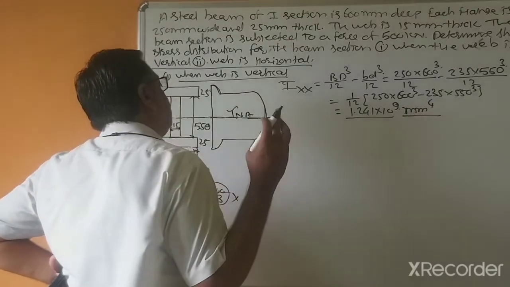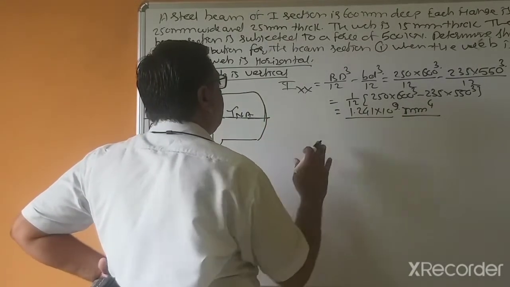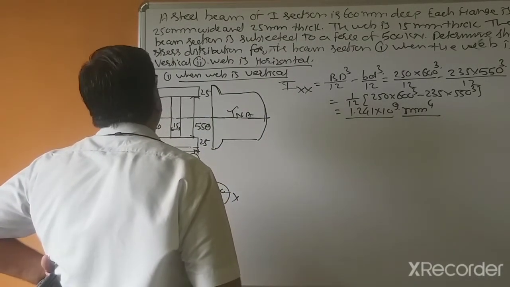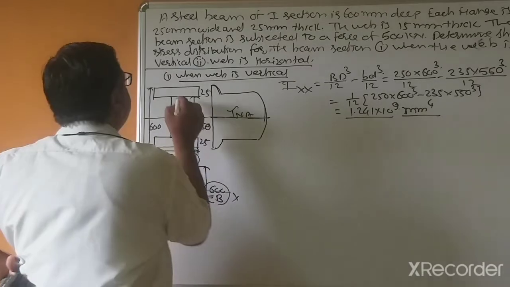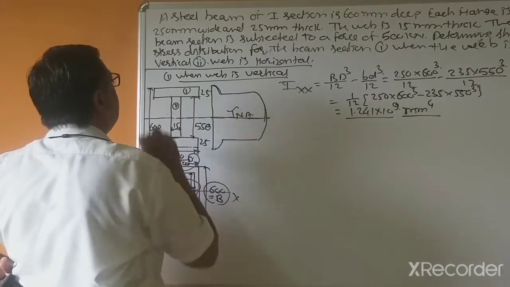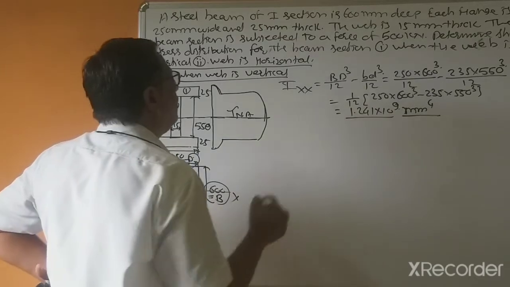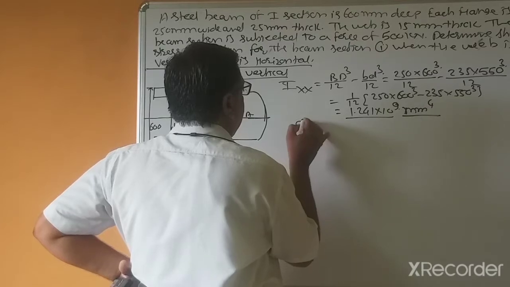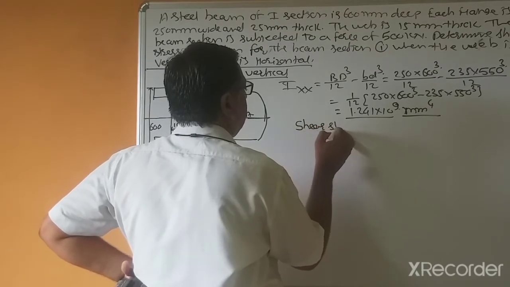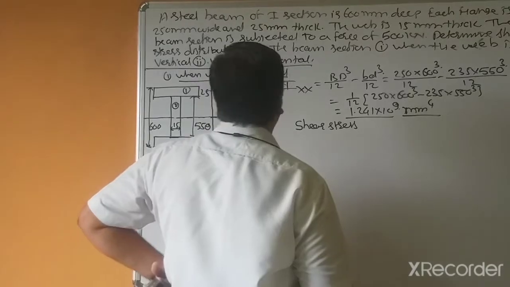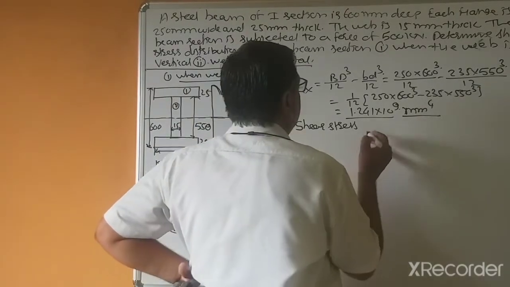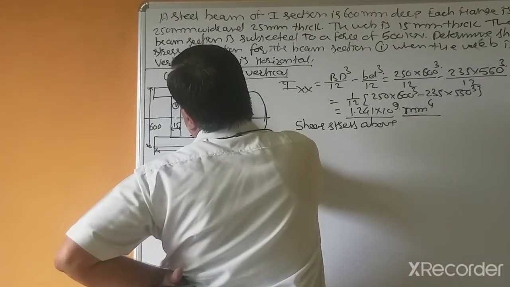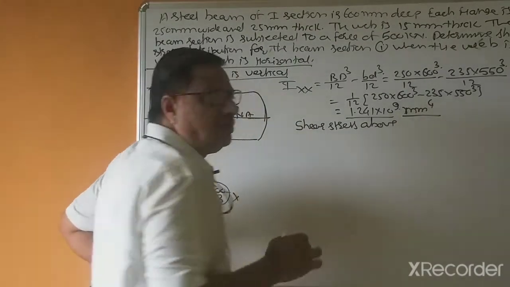Next we use the formula shear stress equal to S A y bar divided by B I. Suppose this is first and this is second. First we will calculate the shear stress just above the junction of flange and web.